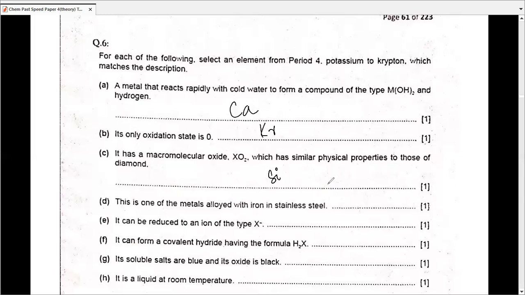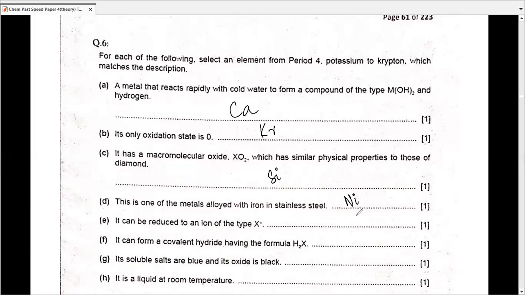Nickel. You may write nickel, you may write chromium. Any one of these is fine. Moving on.